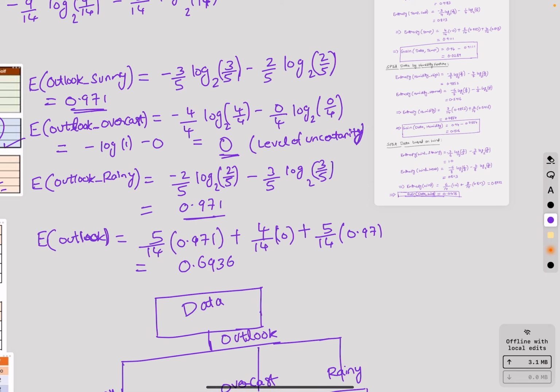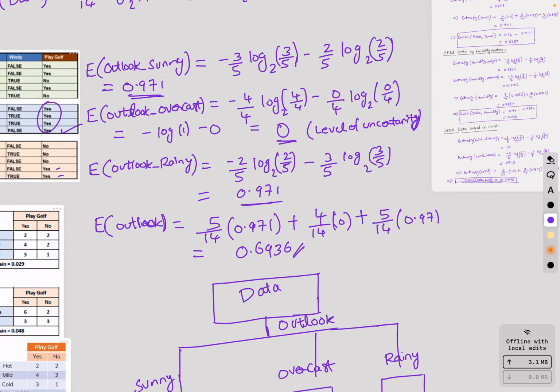Okay, so this is what I get for this one outlook. 5 into 0.971 into 2 divided by 14 is this one. This is exactly what I get.